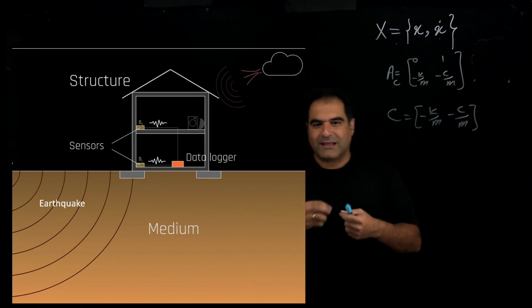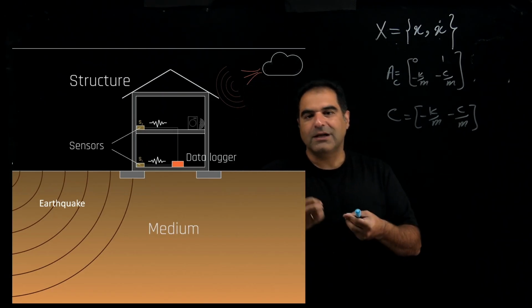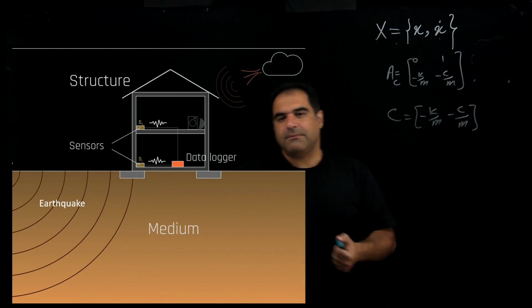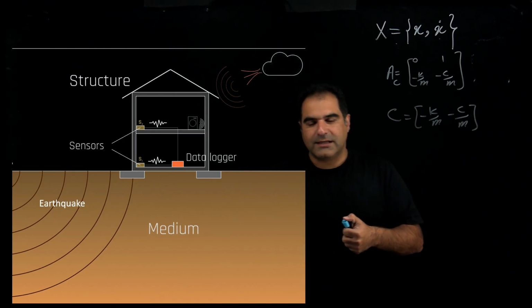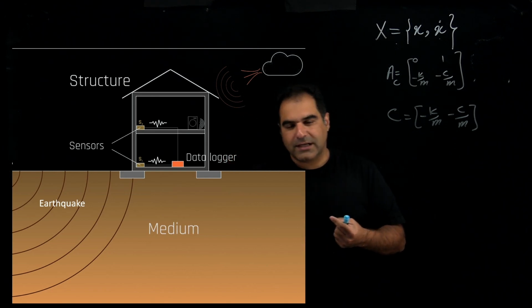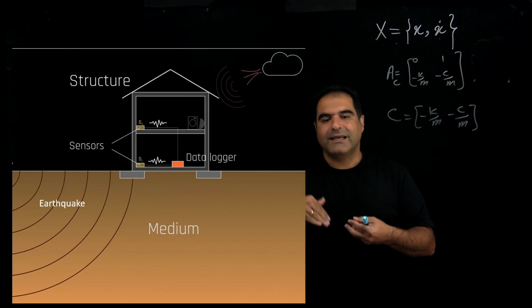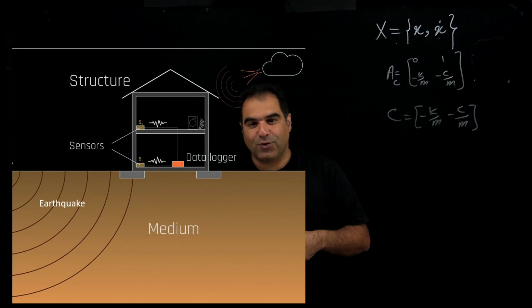And here I'm going to show you how we can use a simple linear Kalman filter for an industrial case. For example, you are an engineer and you want to test this building and see if the level of vibration in the second floor of this building exceeds a specific amount, a specific displacement, or not.